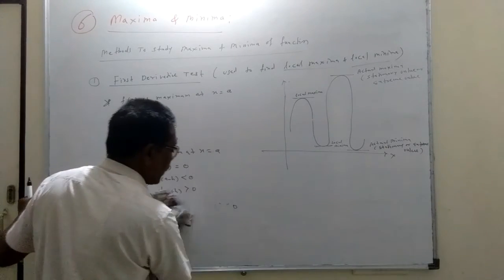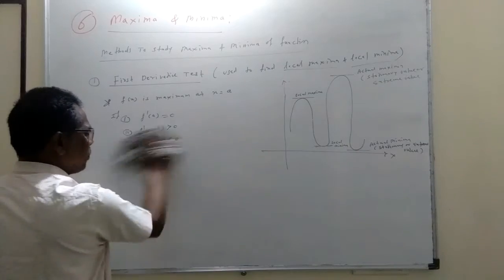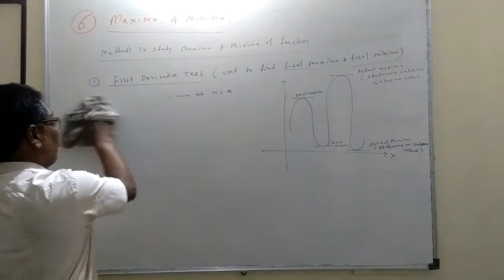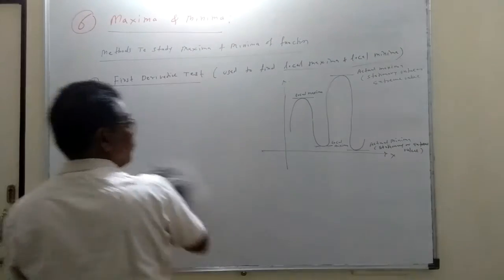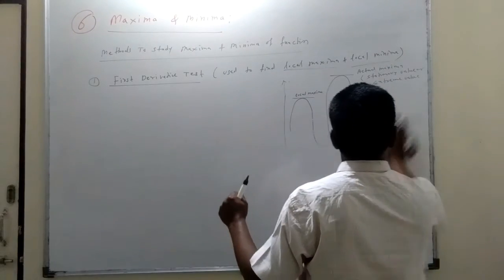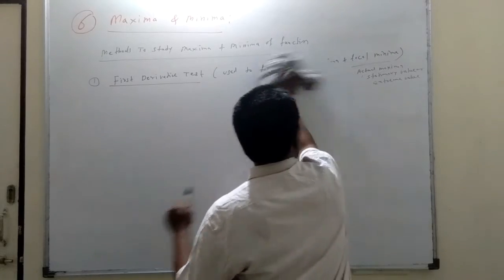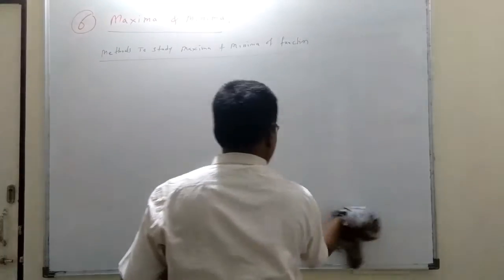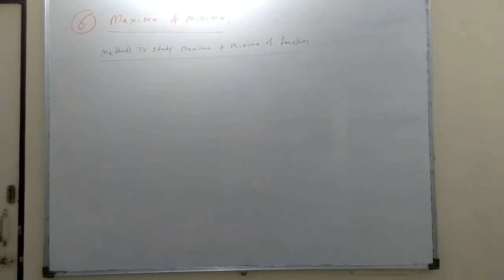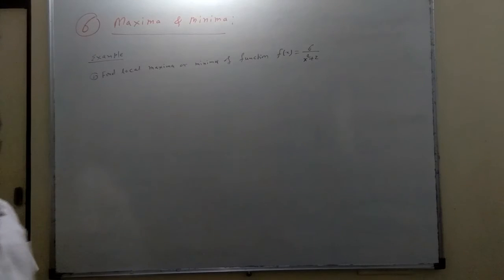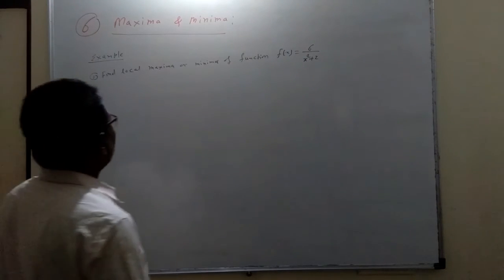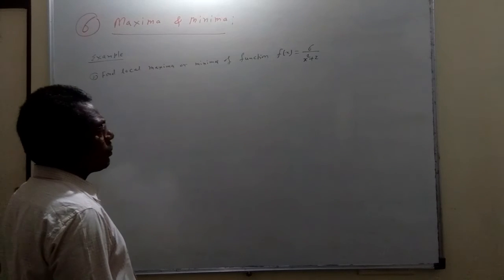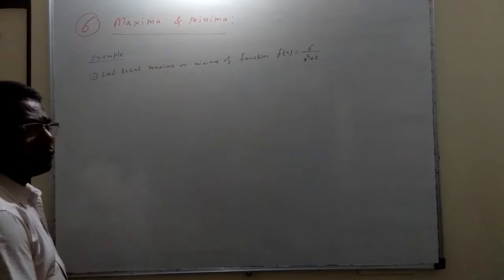Now we will take one example for local maxima and minima of the function: f(x) equals 6 upon x square plus 2.